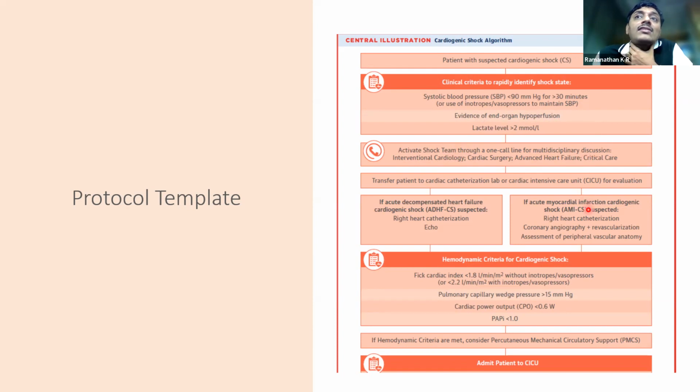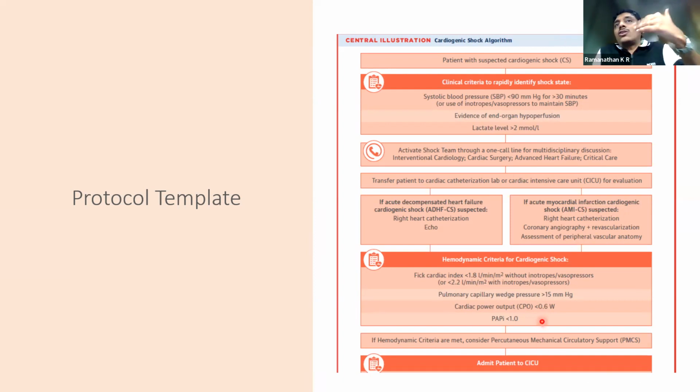The patient gets transferred to a definitive area where intervention and monitoring happen in addition to evaluation. And depending upon whether it's acute decompensated heart failure or other etiologies, the cardiogenic shock team then takes a call as to what would be needed for the patient at that point of time, and at what point further activation of advanced cardiac support would be needed.